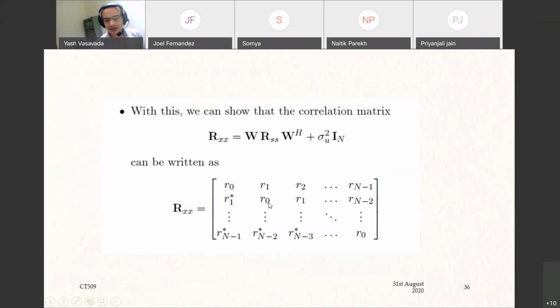They are denoted as R0. And the first column is R0, R1, R2 up to R capital N minus 1, and it's Hermitian transpose equivalent. So this element is obviously going to be R1 conjugate, and then the next one will be R2 conjugate and so on. So basically it is symmetric around the diagonal.